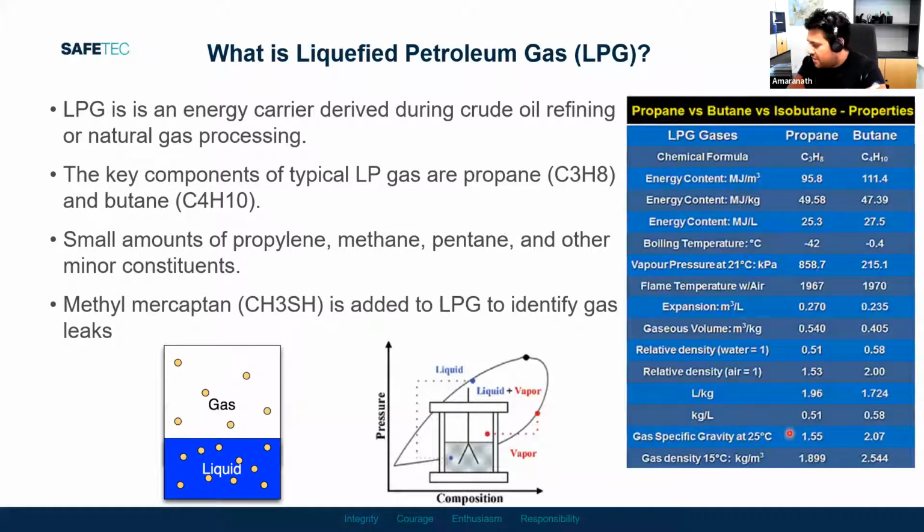That means it will accumulate at the floor or at the ground if there is a leak. That's quite dangerous, because if we have a leak in the night, it can accumulate on the floor, and if there is an ignition source, it can explode in the morning. That's what happened in most of the cases in Sri Lanka.